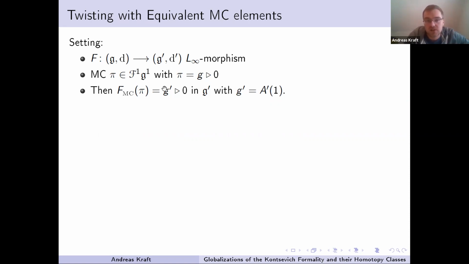And what I want to mention, this G and this G prime for the gauge equivalences, there's no real obvious connection. So we have to switch here from gauge equivalence to homotopy equivalence. Then we apply our L-infinity morphism and get a homotopy equivalence in G prime. And then we switch again back to the gauge equivalence by constructing this path A and evaluating at 1.